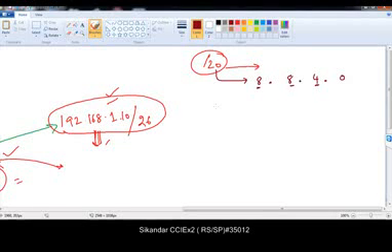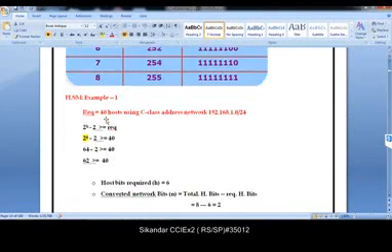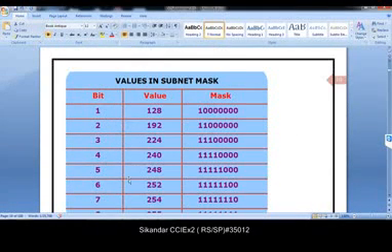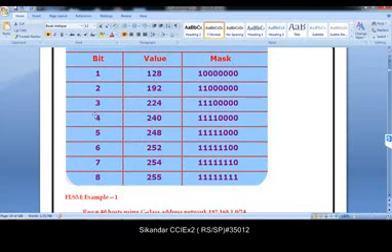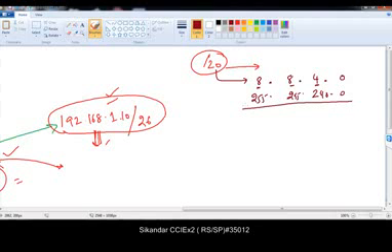And you have to refer to the table. If you remember our table, 8 bits represents 255 and 4 bits represents 240. That's what I am doing. So whenever you see /20, you have to understand that it represents the subnet mask 255.255.240.0. This is very important to understand.